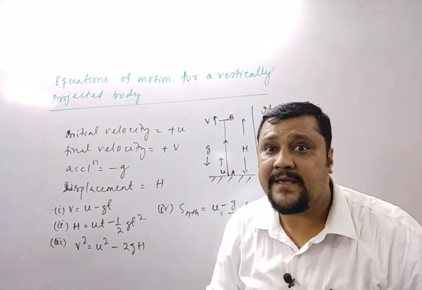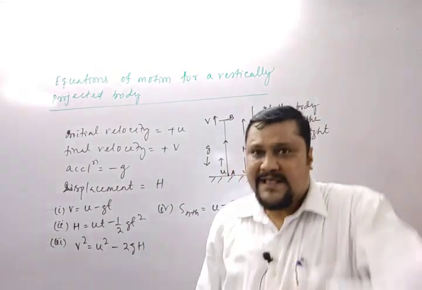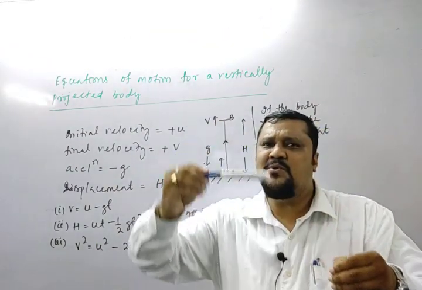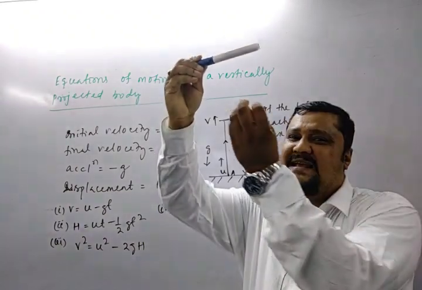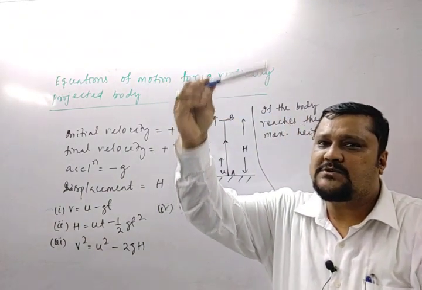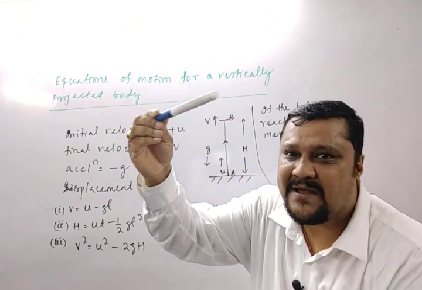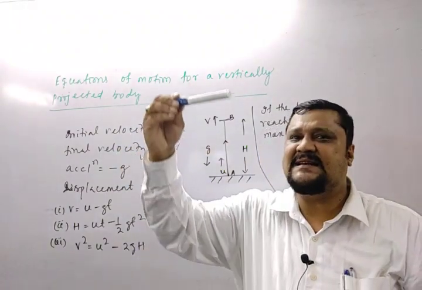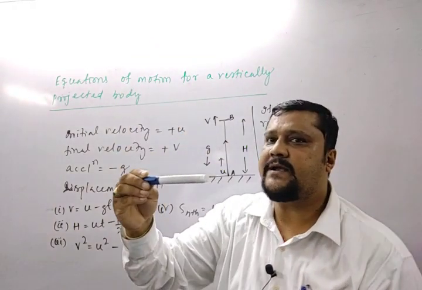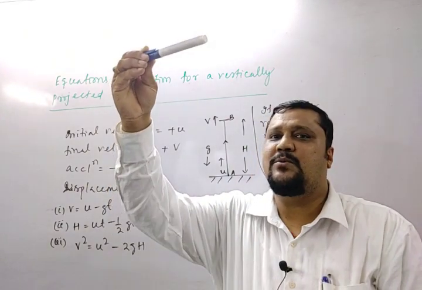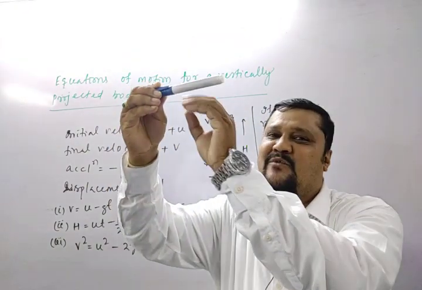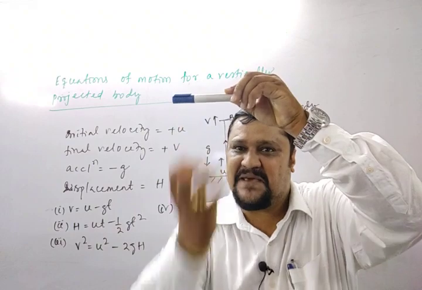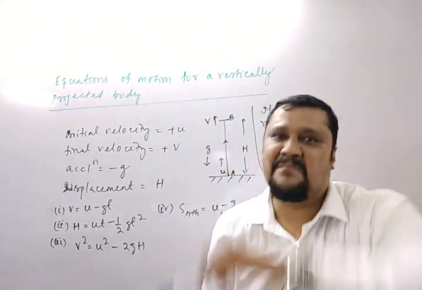No, but the body falls. Why does the body fall? During the projection, you give some velocity u. This velocity decreases as it goes up, because acceleration due to gravity is downward while the motion is upward. So at a certain height, the velocity you have given decreases and goes to 0. Where it is 0, the body has no velocity in this direction. Only the downward acceleration remains, and because of this downward acceleration, the body comes back with a velocity.